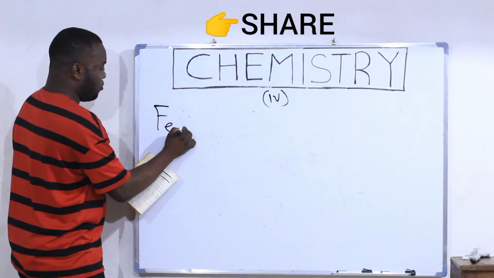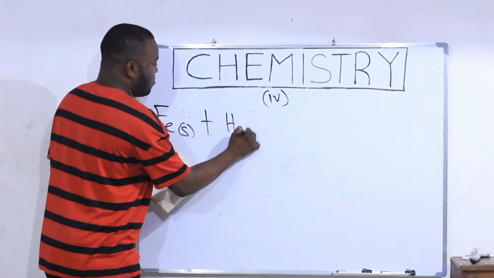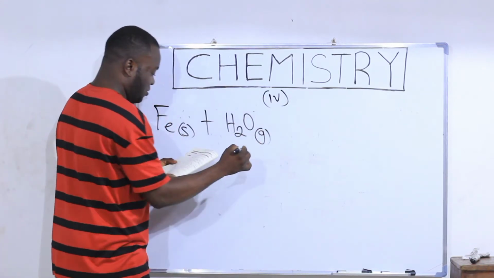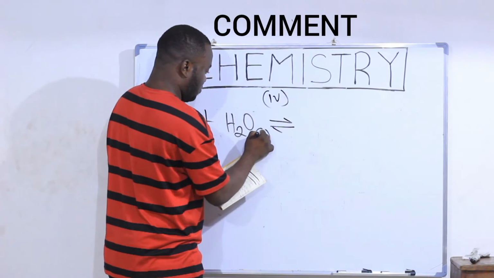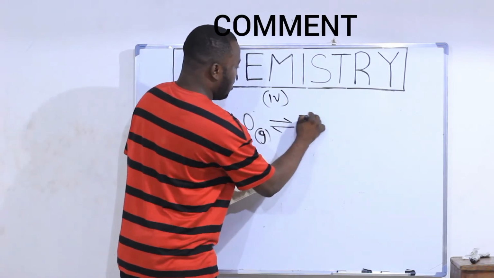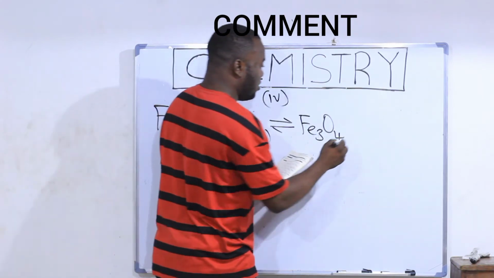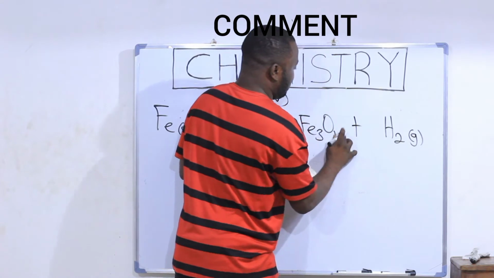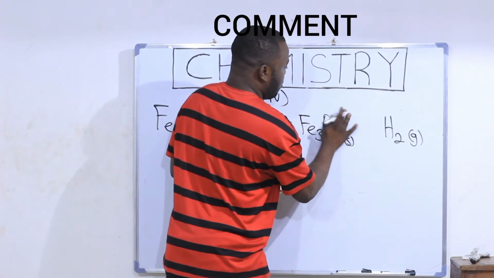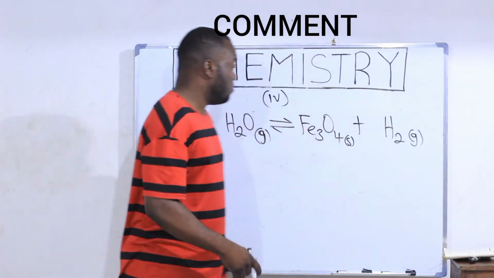Fe, that is iron in the solid state, plus steam, that is water in gaseous state, reversibly giving us Fe3O4, that is iron oxide, plus hydrogen gas. This is solid.